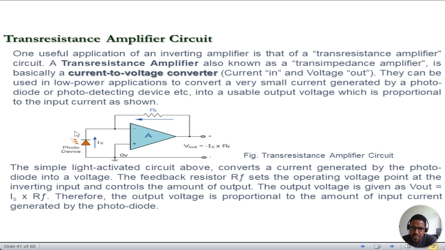Look, our input goes through this photodiode, which converts light to electrical charge. Then our input is current, and our output becomes a voltage. So that is a current to voltage converter, one type of inverting amplifier. The simple light activated circuit above converts a current generated by the photodiode into a voltage.